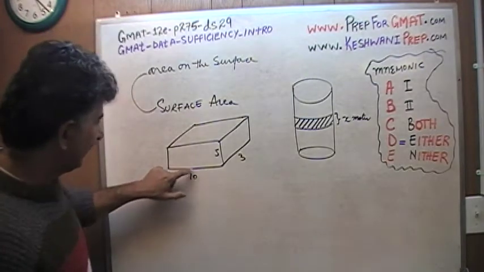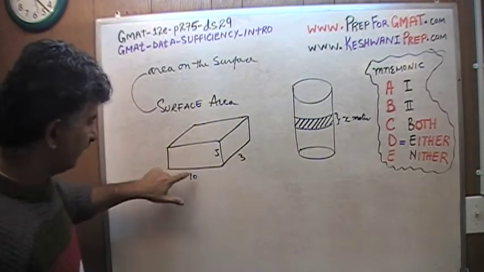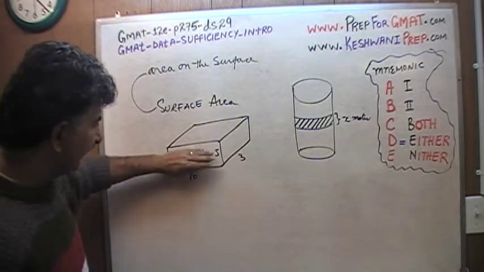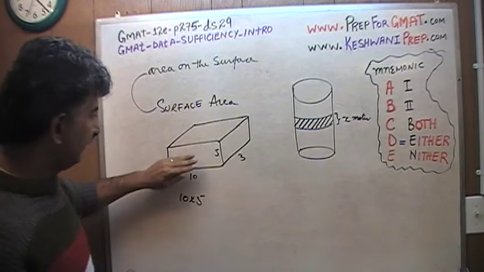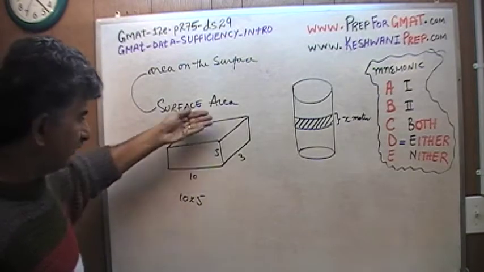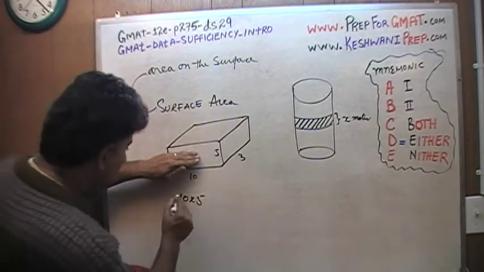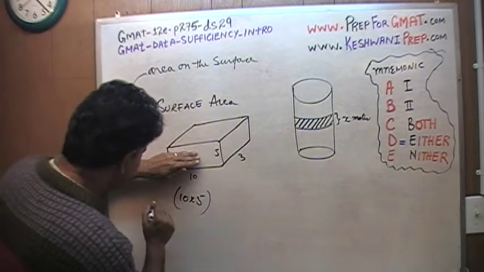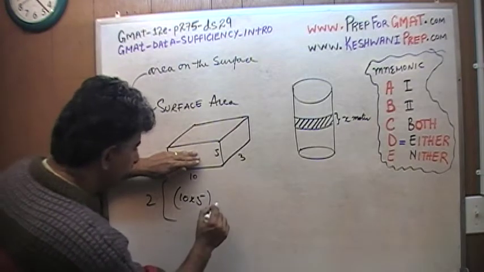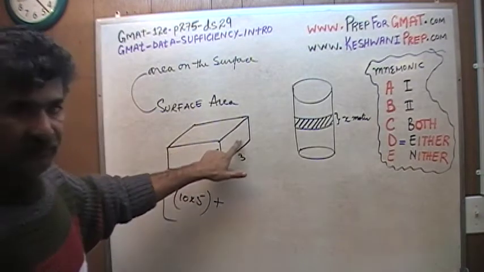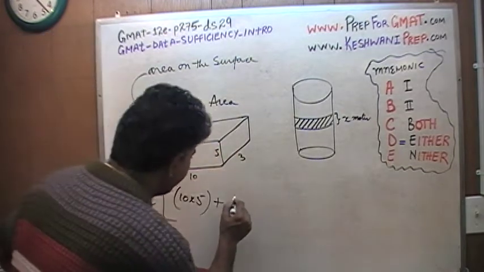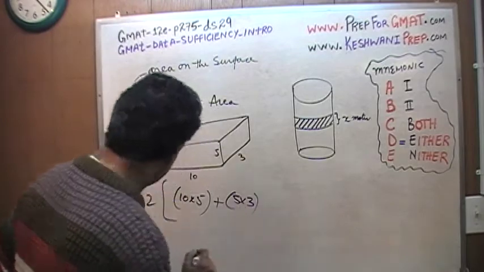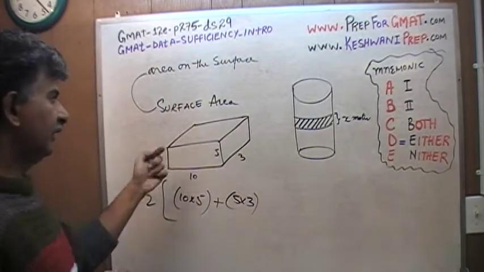One face is 10 by 5, and its area is 50. Similarly, there will be another face on the back of the box, 10 by 5, so times 2. Similarly, we have this face, which is 5 by 3, and there are 2 of them, one here and one on the other side.